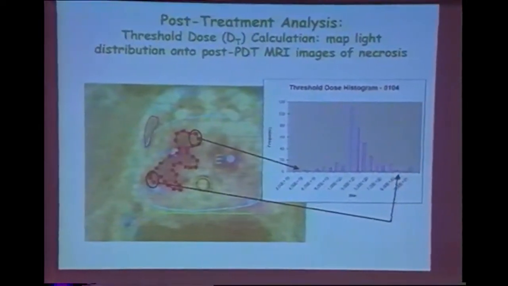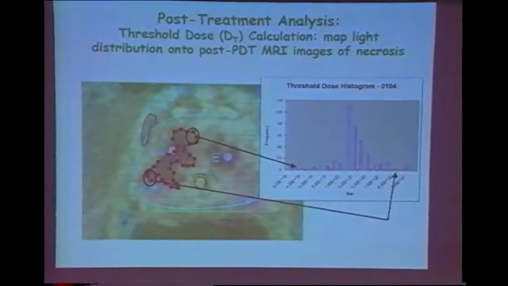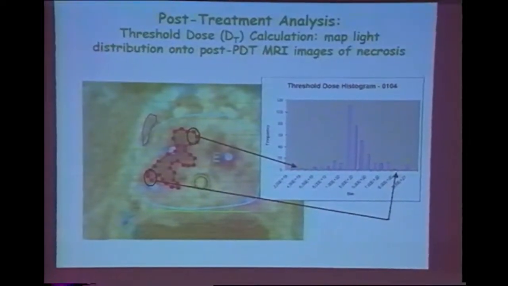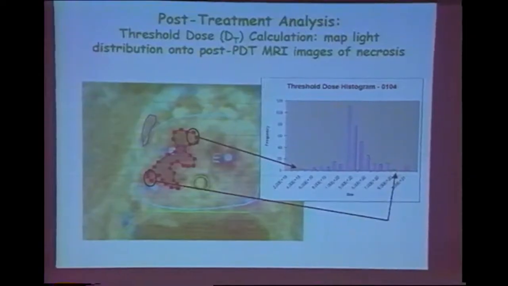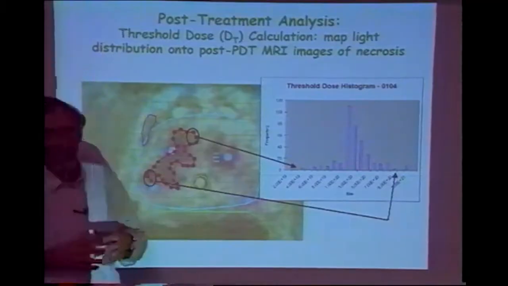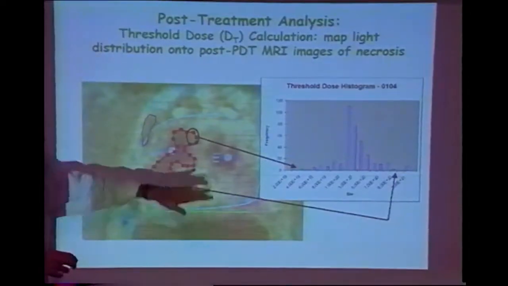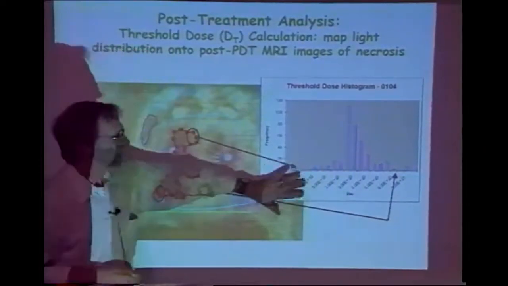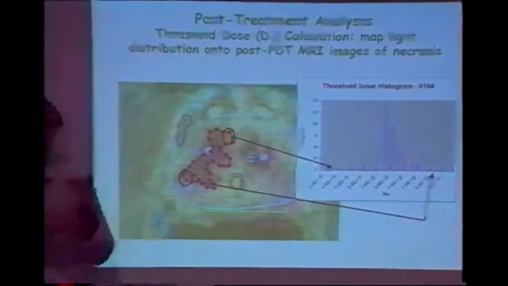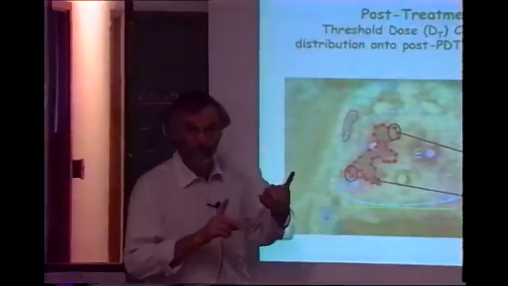So it's a threshold, but it's a threshold histogram that still doesn't have the information about the drug. So locally, this distribution could be a result of... it's not the result of the light, because we know that, that's measured.